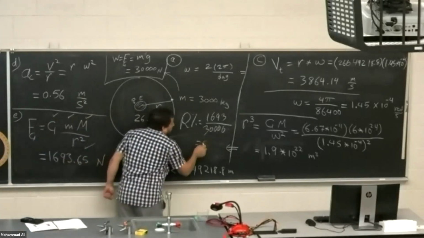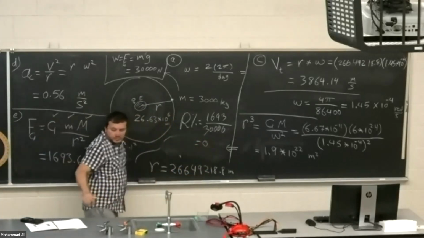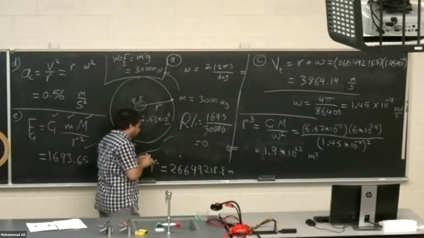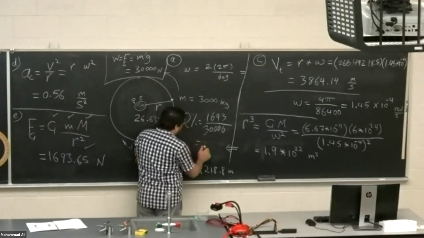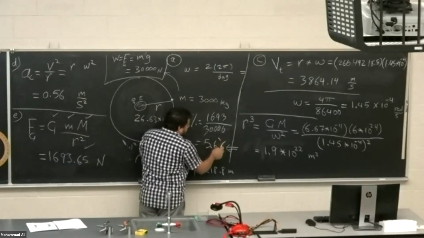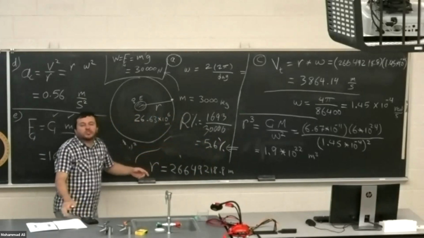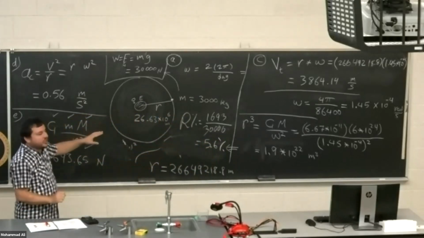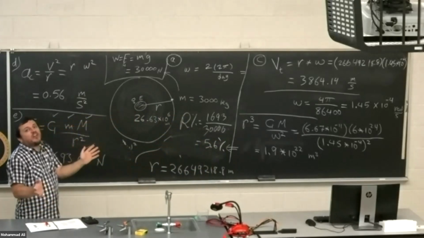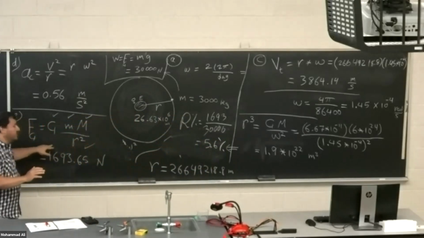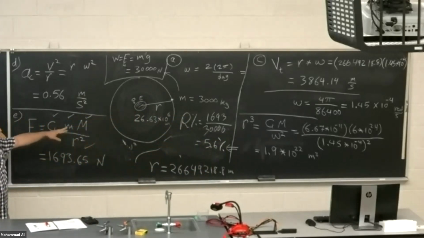It is 0.056, it is 5.6%. So the weight of any object at that position is about 5% of its weight at the Earth's surface.